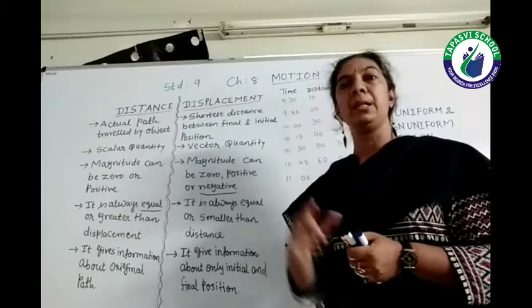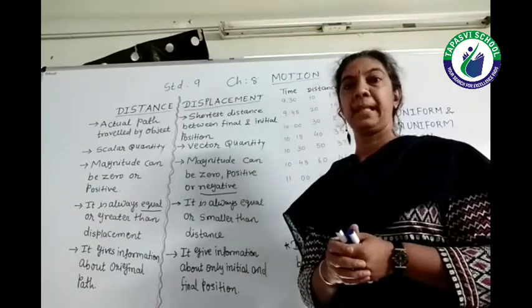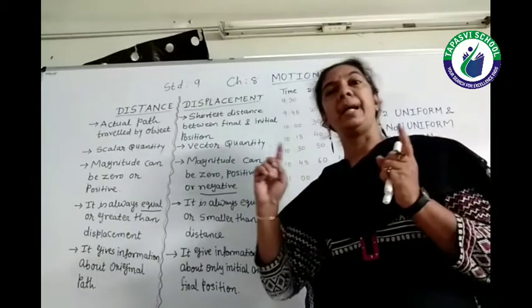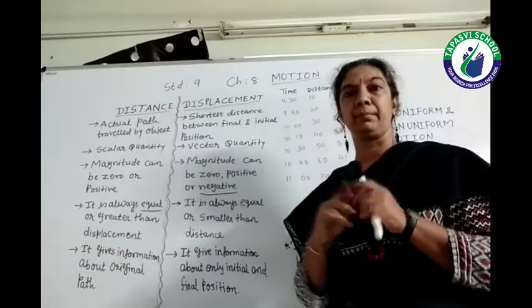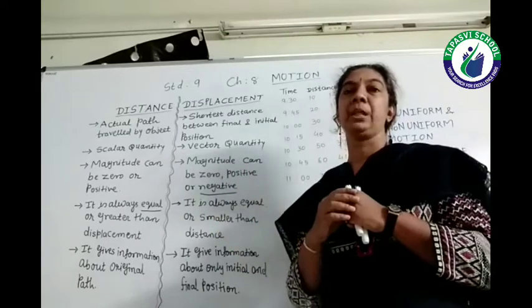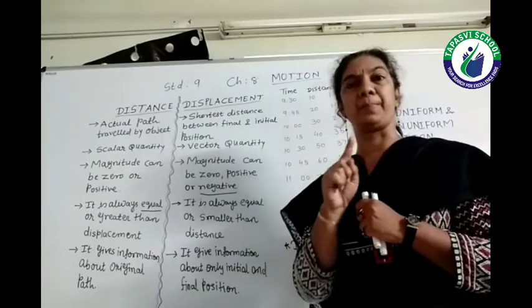So it's a single line straight motion. That means the final and initial positions are in one line only, and in that case, distance will be equal to the displacement.